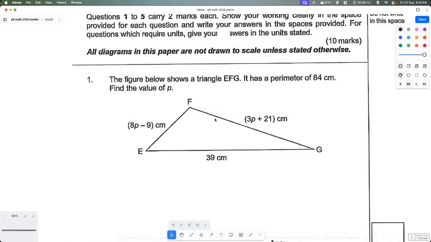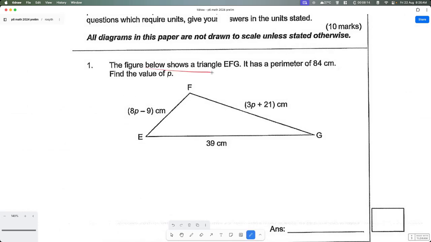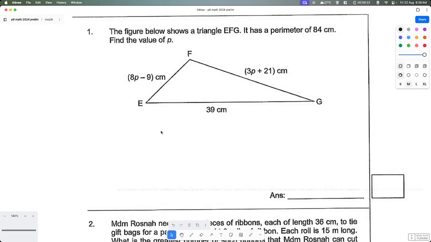All right, question 1. The figure below shows a triangle EFG. It has a perimeter of 84 centimeters. Find the value of p. Okay, so let's write down 84. It's equal to 8p minus 9, and then plus 3p plus 21 plus 39.